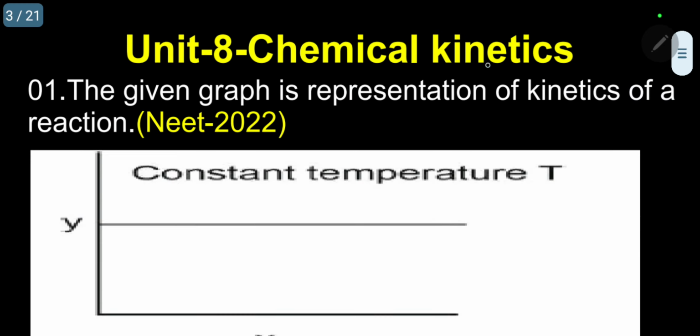Okay, let me go for the first question asked in 2022. This is the question. They are given a graph. The given graph is a representation of kinetics of a reaction, NEET 2022.